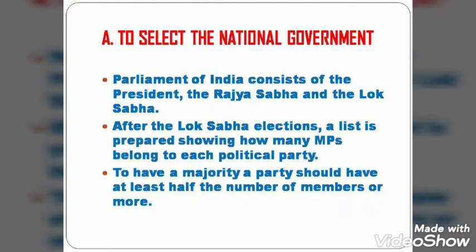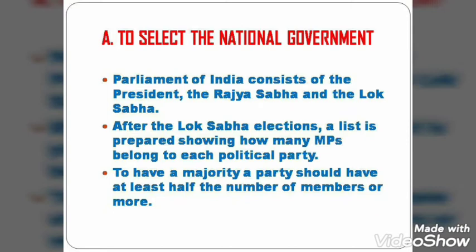Once the elections are over, these MPs belong to different political parties. Now we will find out which political party has the maximum candidates in the parliament. For a political party to form a government and become the ruling party, more than half of the seats in the parliament should be taken by one particular party.